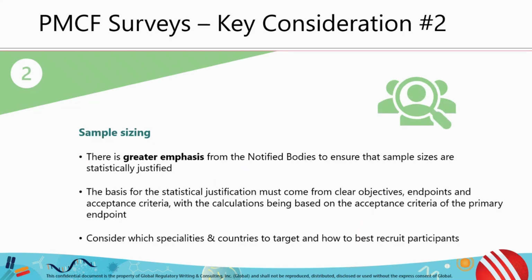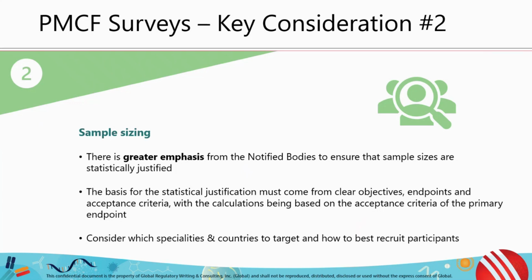Next up was sample sizing. Over the last few years, there's been a much greater emphasis from notified bodies to ensure that sample sizes are statistically justified. The basis for that justification usually feeds from your clear objectives, your endpoints, and your acceptance criteria, and you base the calculations on usually your acceptance criteria, your primary endpoints, looking at non-inferiority calculations and so on.